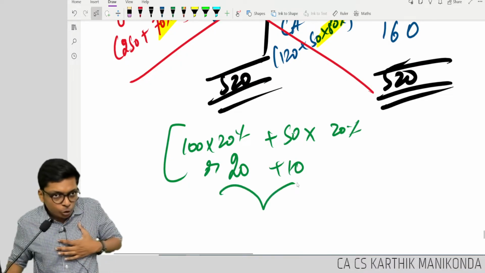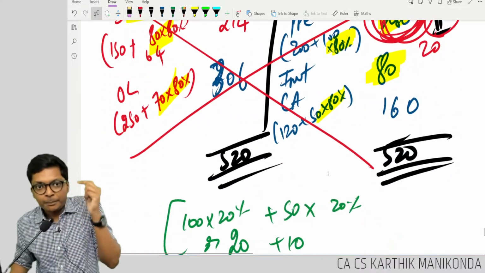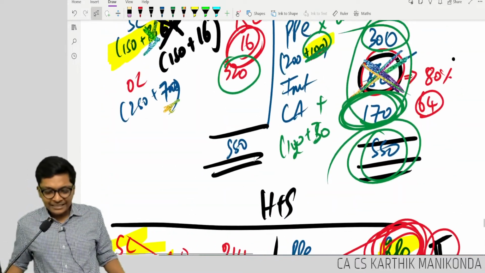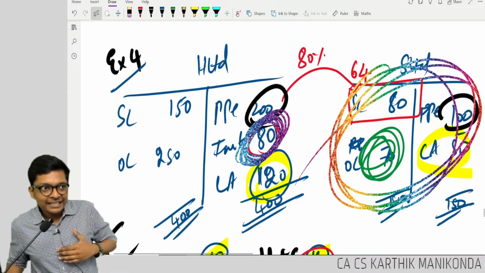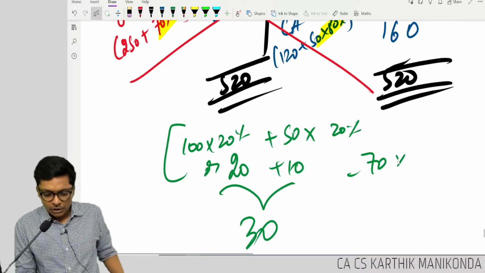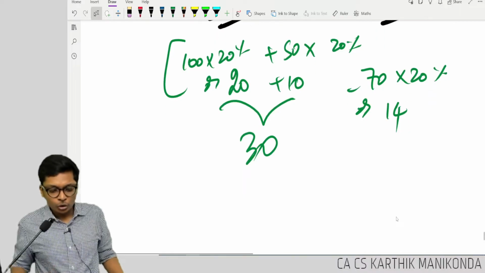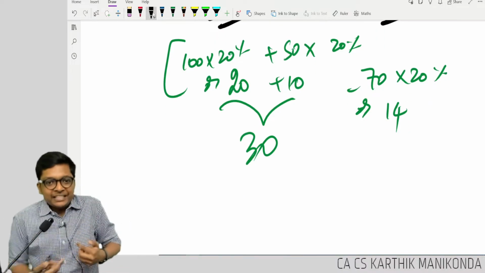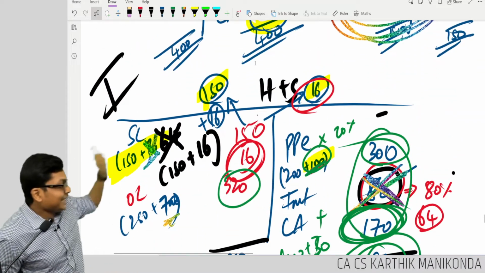So in my total assets of 550, what is not mine is how much? 30, correct? Similarly, on the liability side, liabilities how much, guys? 70. In this 70 of liabilities, what is not mine? 20% of 70, how much? 14. So what belongs to the outsider in my balance sheet, because I am doing a total approach of adding everything?